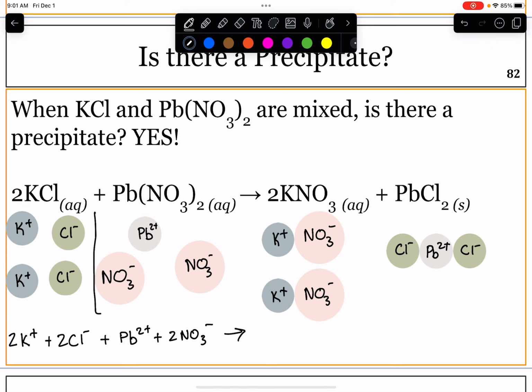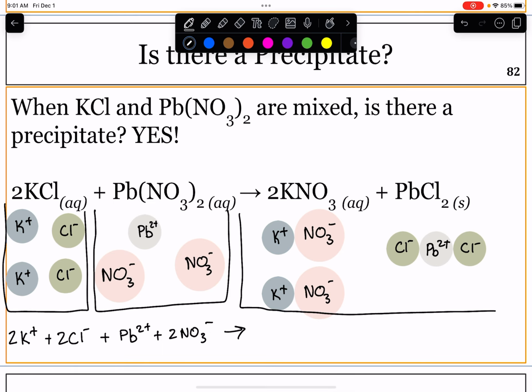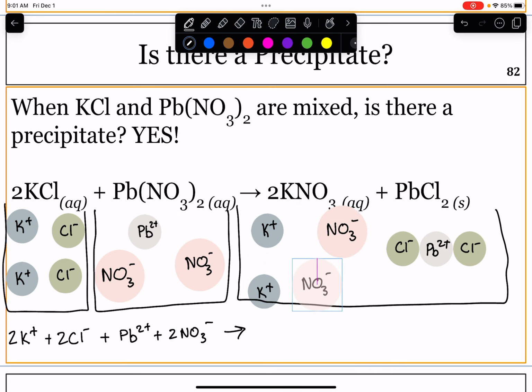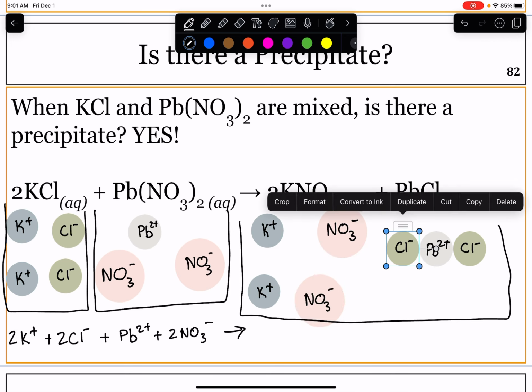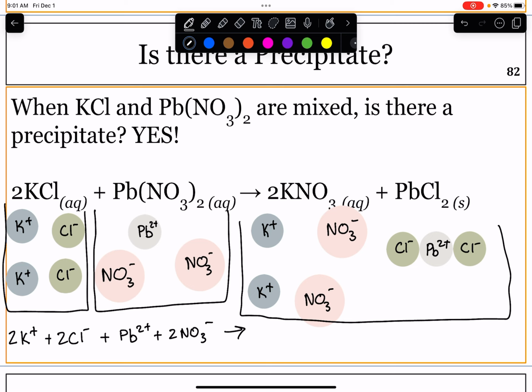Remember, imagine we've got two beakers here, one beaker for the lead nitrate, a beaker for the potassium chloride. Then we mix them together, and what ends up happening is that the potassium is still aqueous and the nitrate is still aqueous. So they're all split up in solution. But the chlorine and the lead are stuck together. They are more attracted to each other than they are to the water molecules.